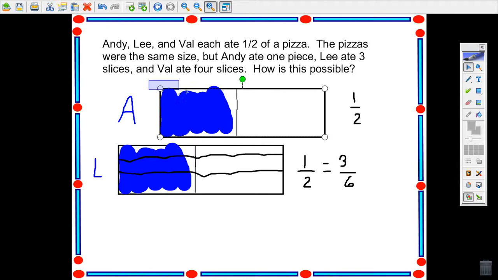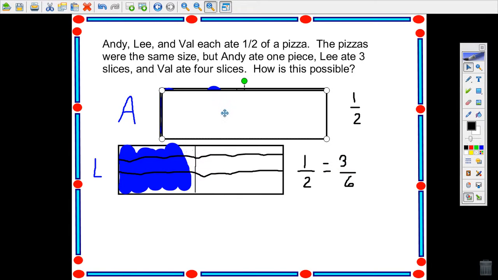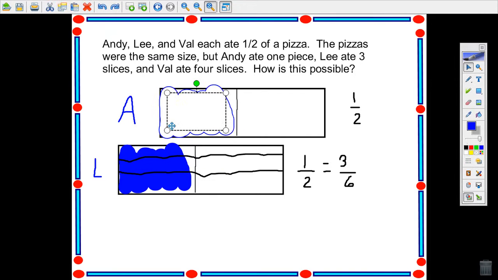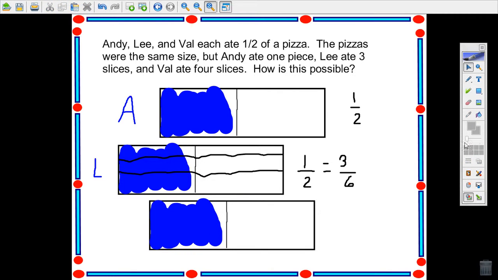And lastly, Val ate 4 slices. So we could say she ate 1, 2, 3, 4.